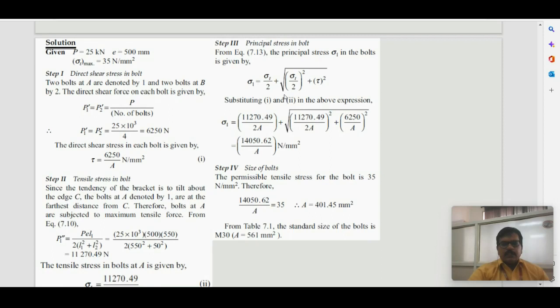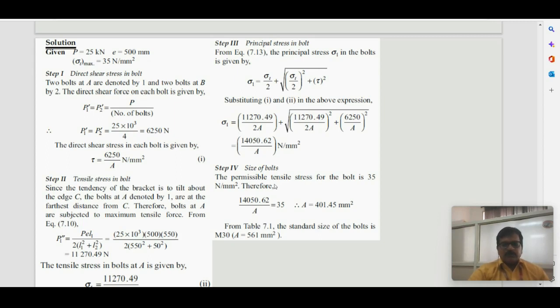So with this, we are keeping area as A, and finally we got 14,050.62 by A Newton per mm square as the major principal stress.